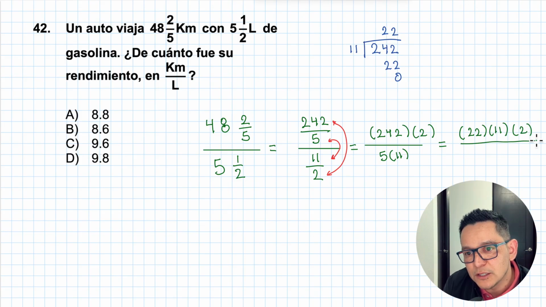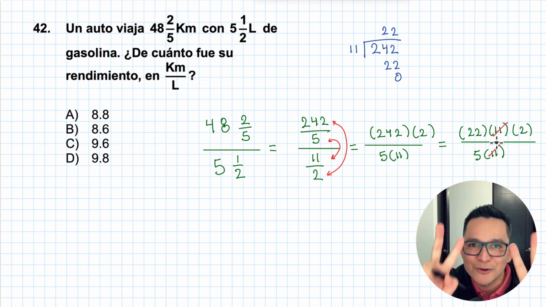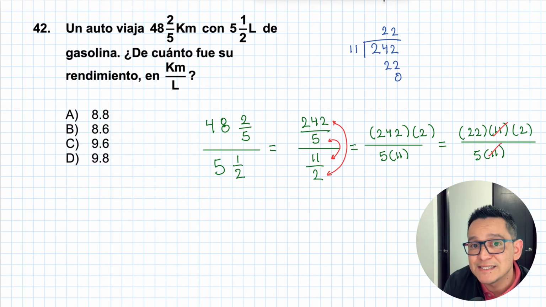Why am I doing this? Well, because I already saw that we also have an 11 below, and I know that 11 divided by 11 is 1. Therefore, I could, in quotes, cancel the 11s. So in the numerator, I'm left with only 22 times 2, which is equal to 44. And in the denominator, we have 5.